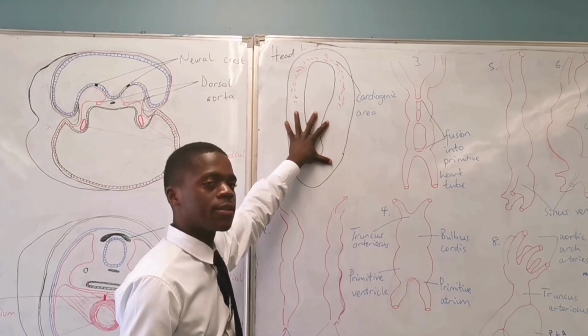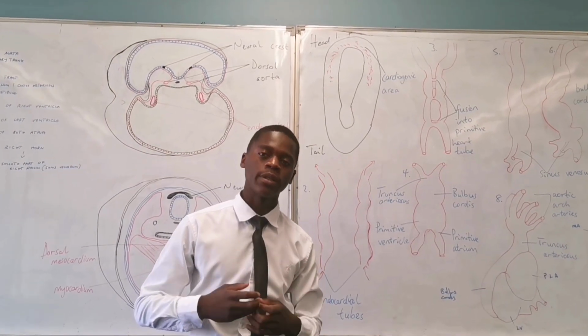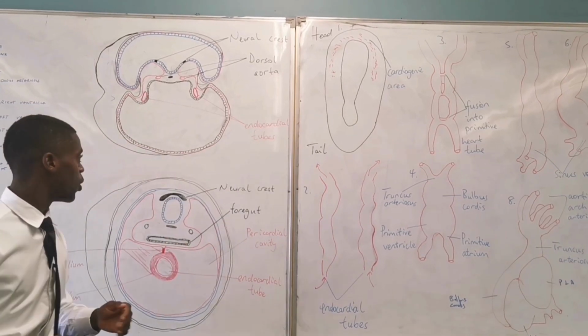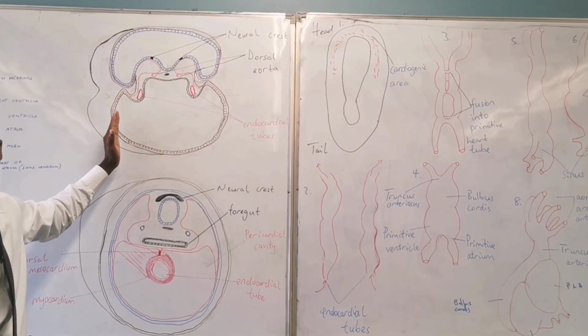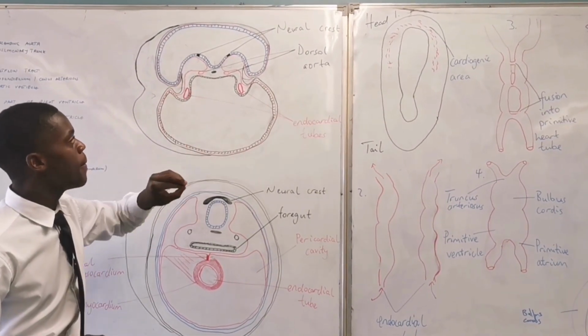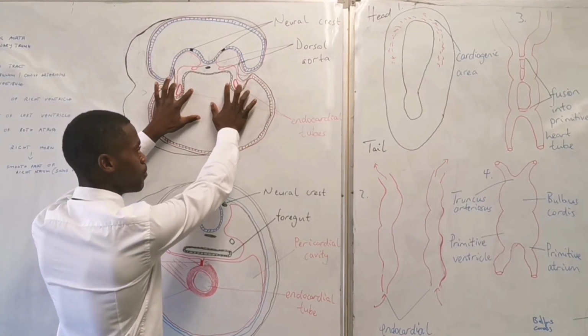From this, we want to look at an embryo that's undergoing folding, as we discussed in formation of body cavities. Here we can see that this embryo is undergoing lateral folding, but of particular importance for this video are these two tubes.